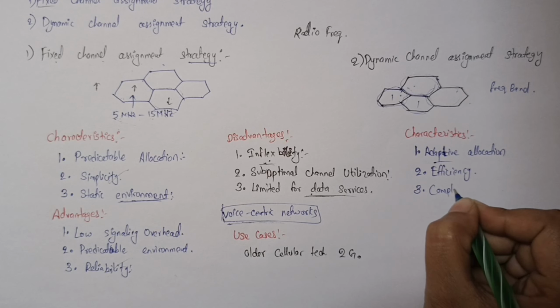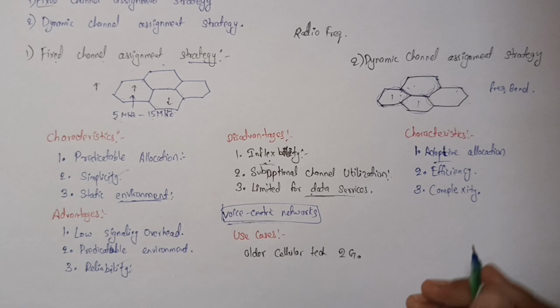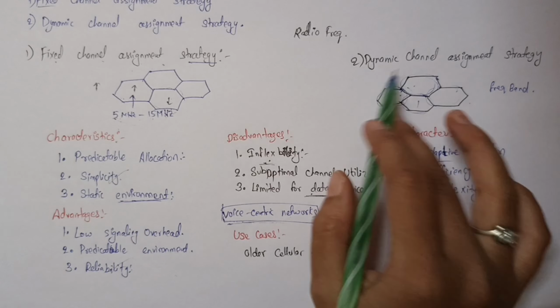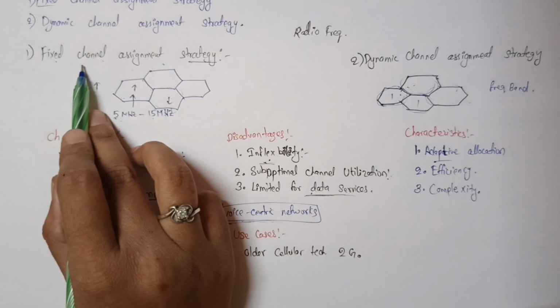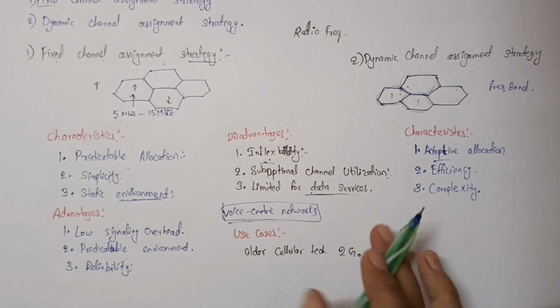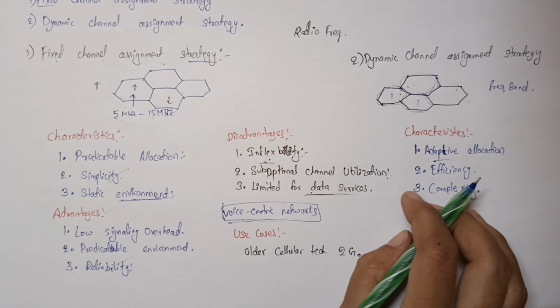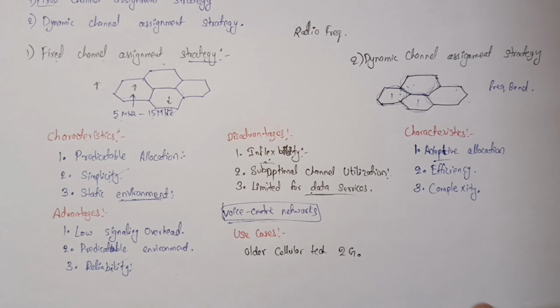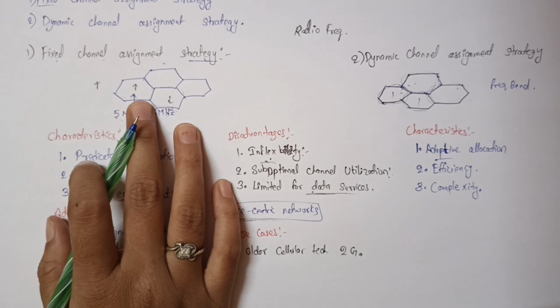Now one of the characteristics is that it is complex. So implementing this dynamic channel assignment strategy can be more complex than the fixed channel assignment strategy due to the need for algorithms and real-time monitoring systems. So that's why it is more complex than fixed channel assignment strategies.